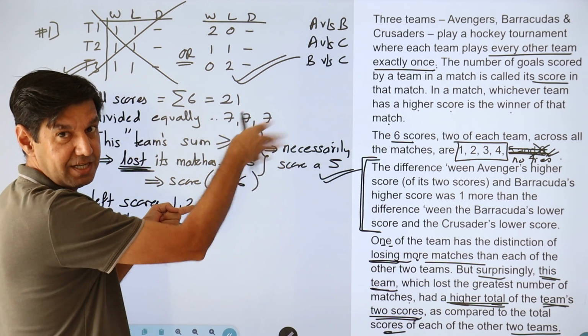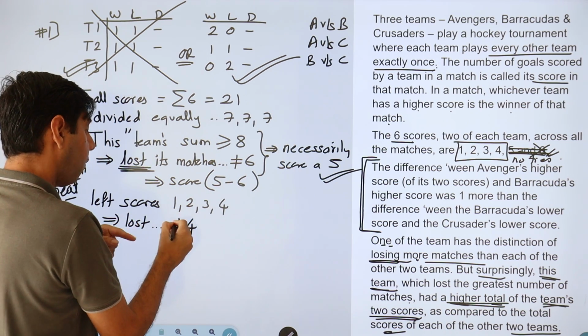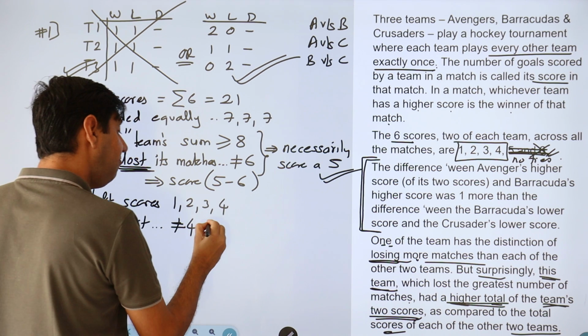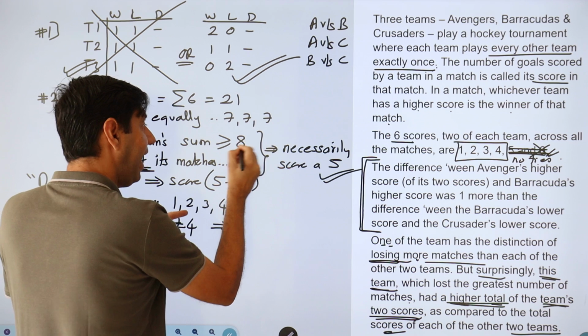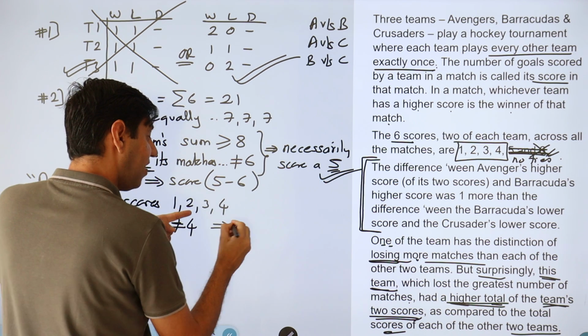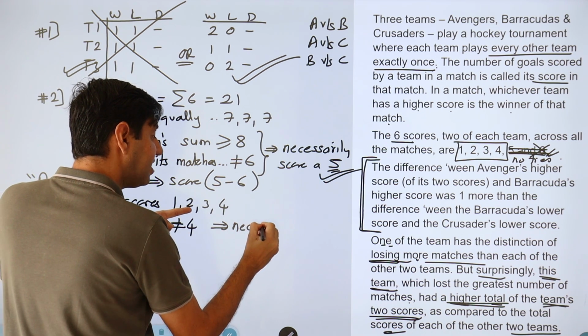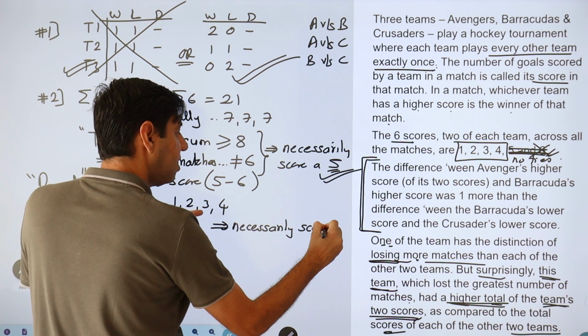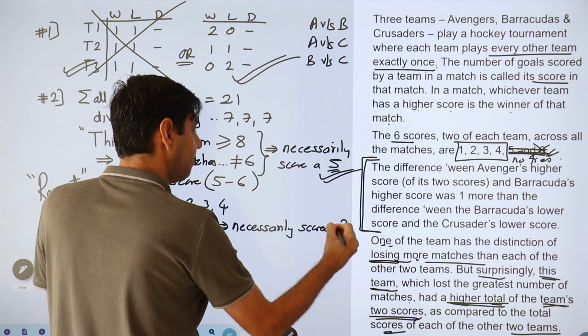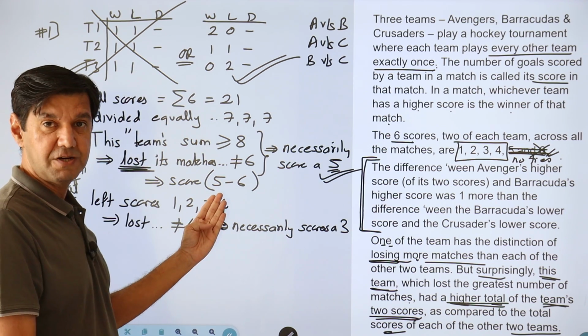You can't use a 5 and a 6, that is over. It cannot use a 4, and I want a sum of 8 or more. One of them is 5, so it means that it necessarily scores a 3.